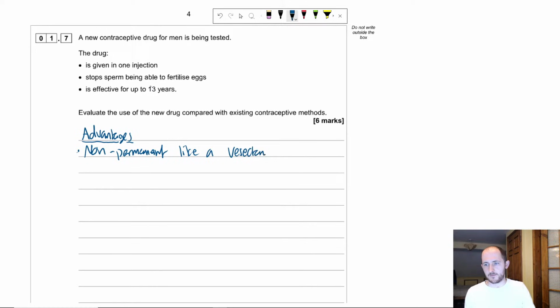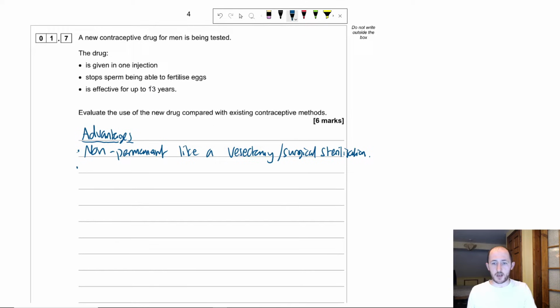Again, think about it. We're talking about men here, contraception for men. There aren't really that many options. You have vasectomies and then you have condoms, right? So it's non-permanent like a vasectomy.